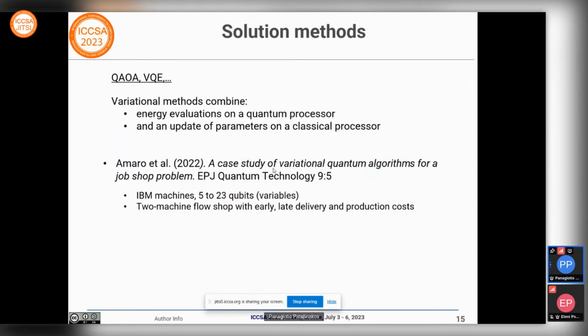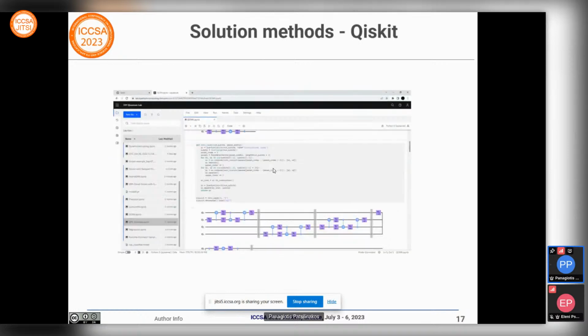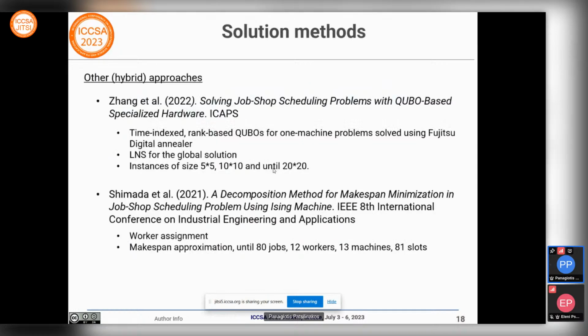Another type of solution method is the variational algorithm. Only one attempt has been made. It was solved on the quantum computer developed by IBM, but it was very limited in terms of number of variables. So they could solve only a very small problem. I can skip this.